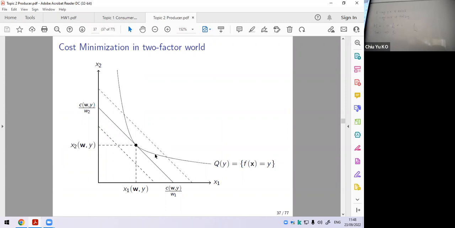This is the isoquant, and this is the price ratio. What it's talking about is that we are moving this line. Let me repeat this statement. The cost minimization problem is that we have the production target Y here.